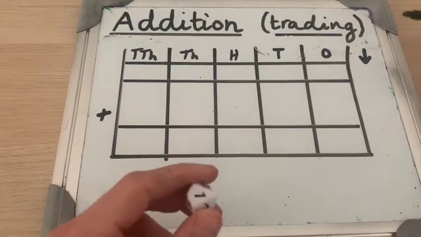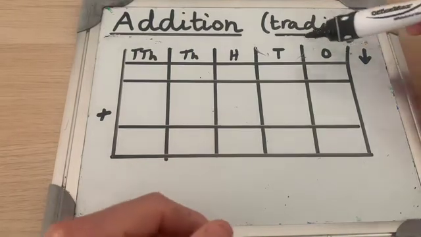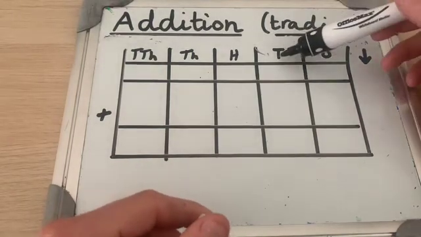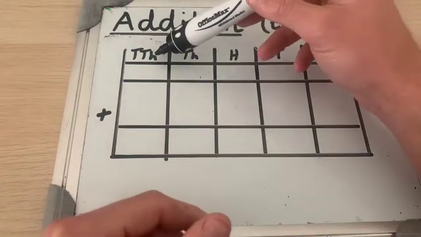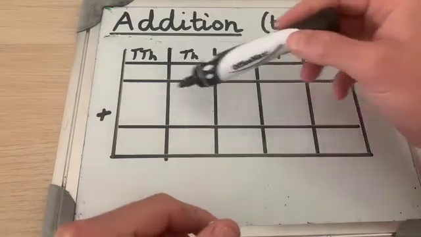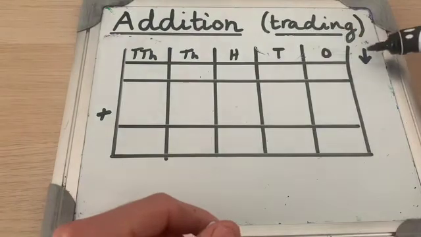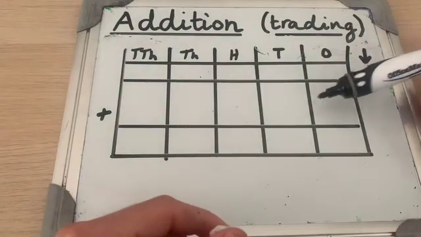But firstly, see that we've got our keys to success. I've got my columns all labeled: ones, tens, hundreds, thousands, tens of thousands. I've got my line left for trading. I've got room for my 2 sums, and I've got my answer. I've got my plus, and I've got my arrow that says I'm doing this plus this.